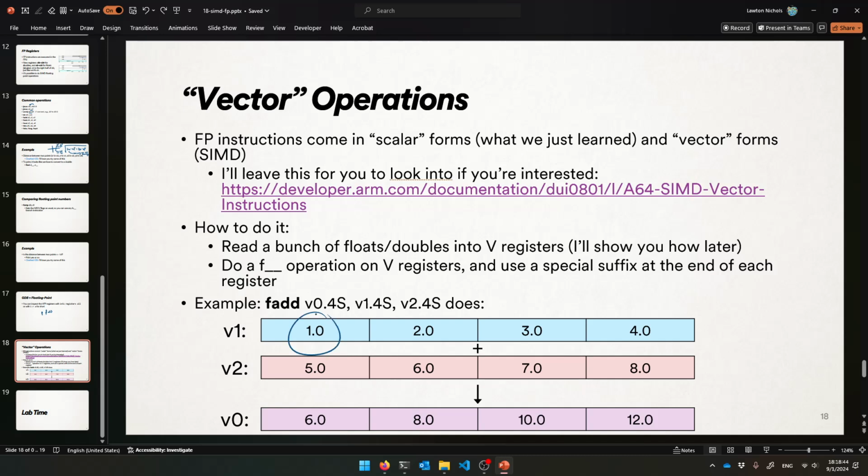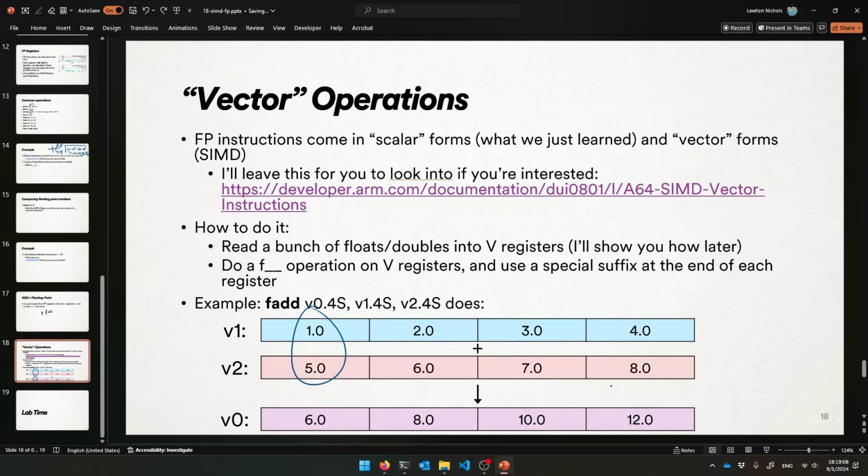Interpret them as holding 4 separate single floating point values, 32-bit floats. And then I'd like you to add up all those chunks and add in their answers into V0, again split up by 4 floats. That'll add 1 and 5 into the 6 here, 2 and 6 into 8 here, 3 and 7 into 10 here, 4 and 8 into 12 there. Does that make sense? That's what it will do.